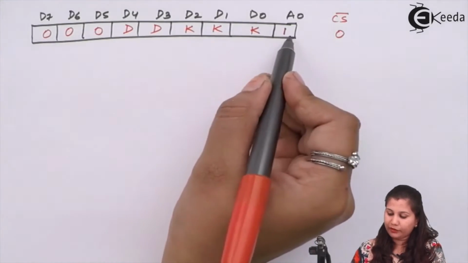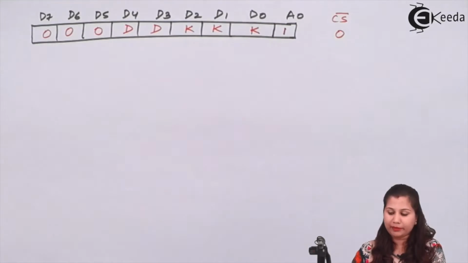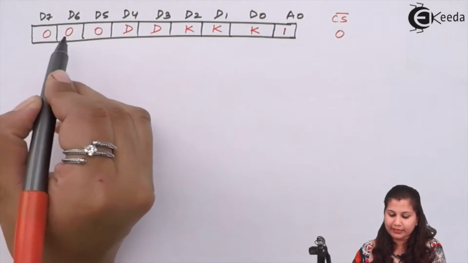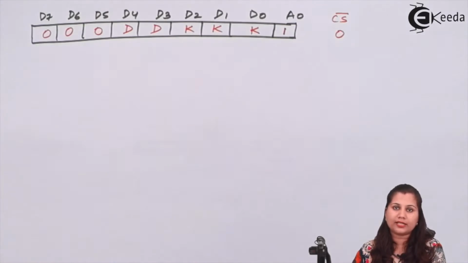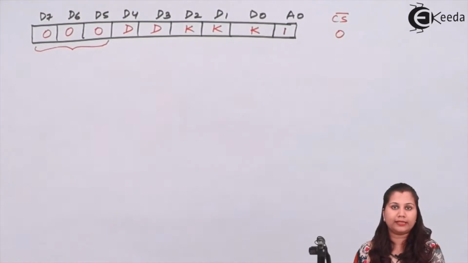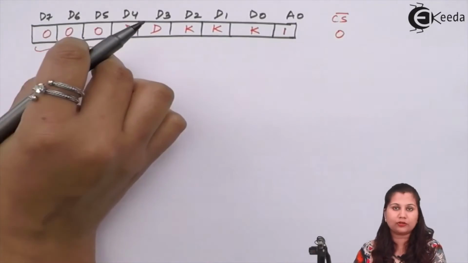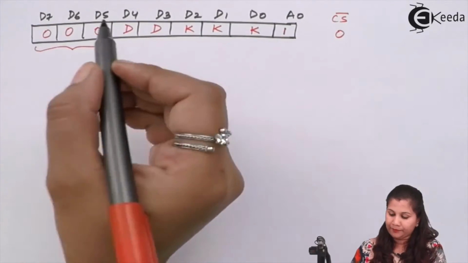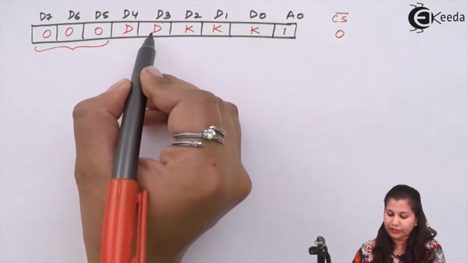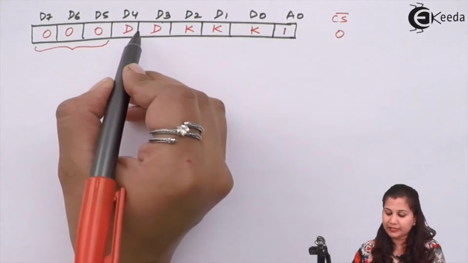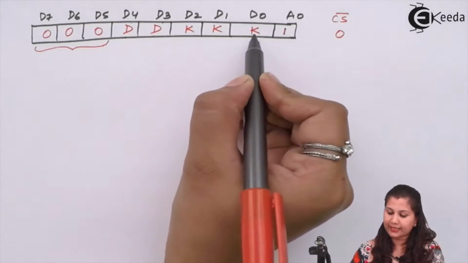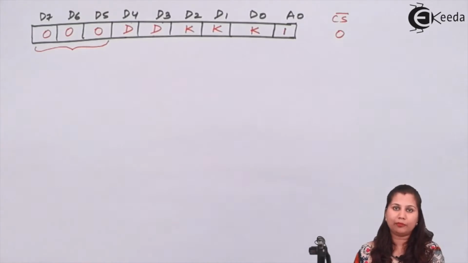In this command word for the keyboard and display mode set, the D7, D6 and D5 bits are kept at logic 0. This is fixed for the keyboard display mode set; it has to be 0, 0, 0. Then we have the D4 and D3 bits, which I have written as DD. These two bits decide the display modes, and K means the bits that decide the keyboard modes.